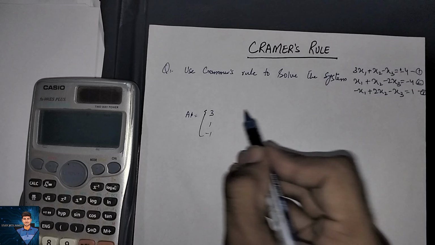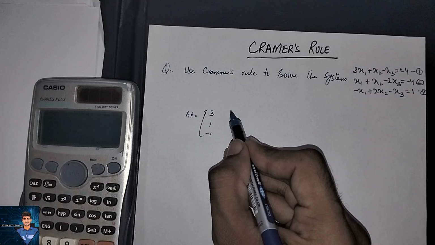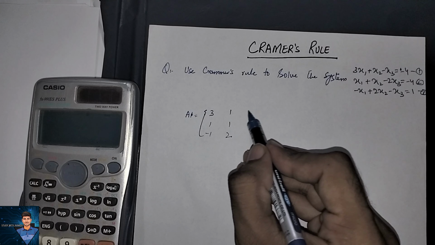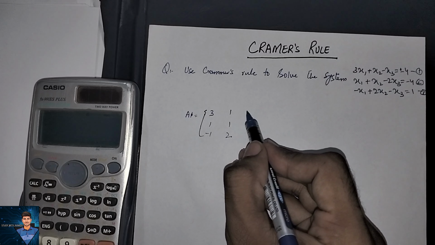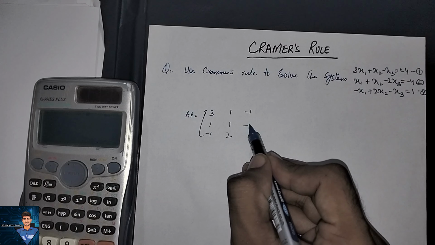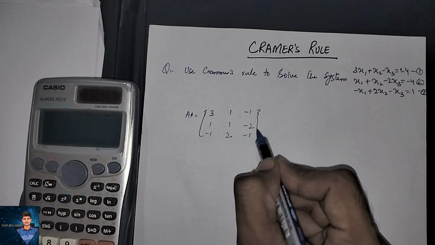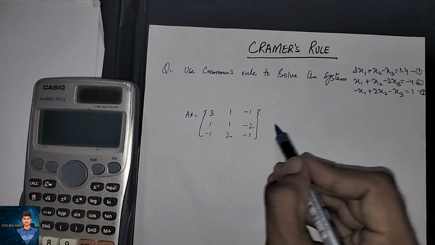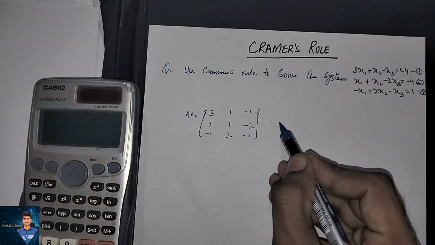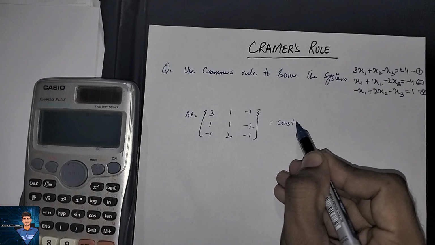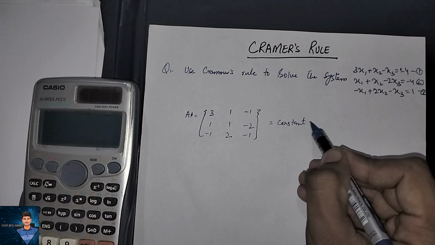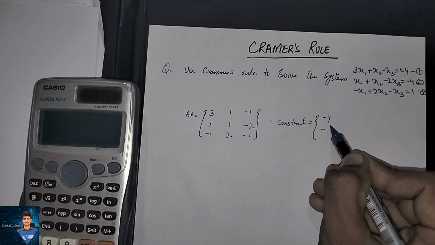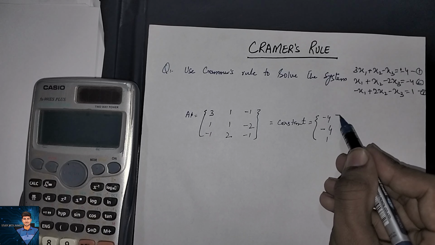And for x2, put the values in the second column, and for x3 put the values in the third column. This is your matrix A, and this will be the constants. You can call it the constants, or write it any way: minus 4 and 1.